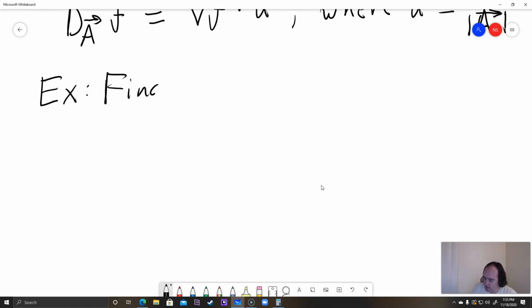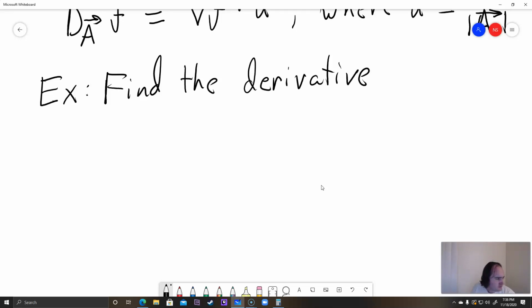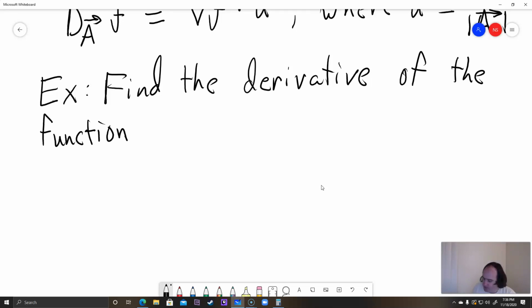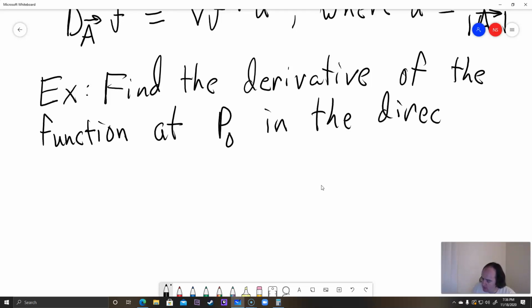Find the derivative of the function at p naught in the direction of A.